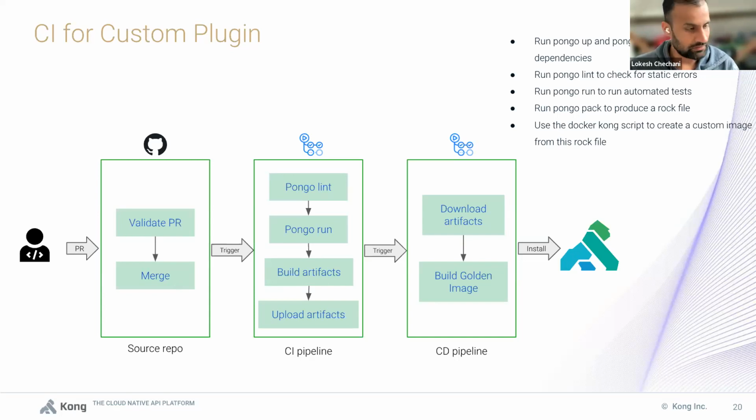Then at the end, you build the artifact, which is your ROCK file, etc. And then you just upload your artifact somewhere, an artifact tree or whatever tool of choice you have within the organization. Then while delivering it, you just get the artifact, build the golden image, and deploy the golden image via Kubernetes or Docker, whatever means you are deploying it.